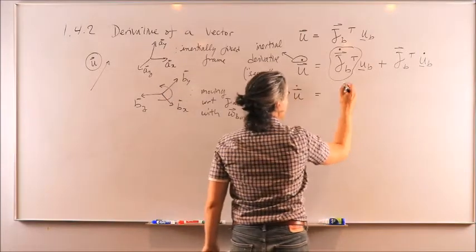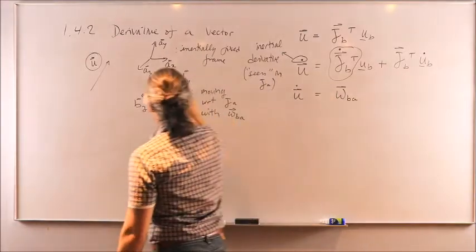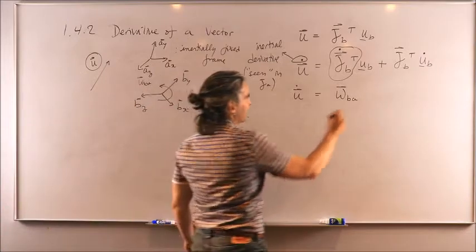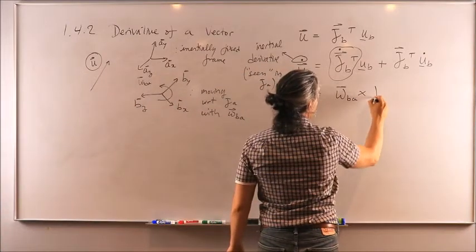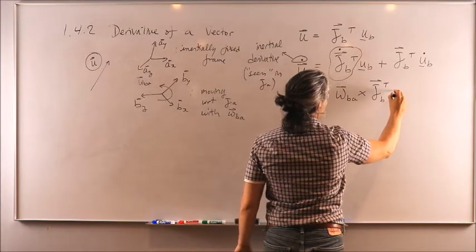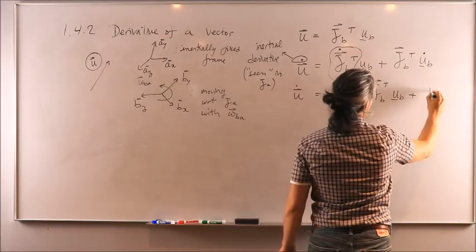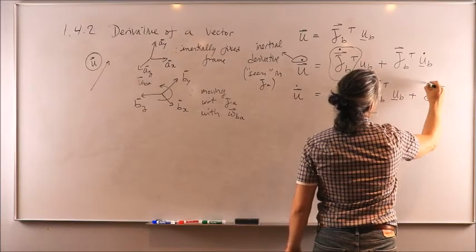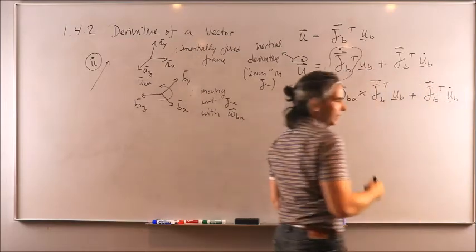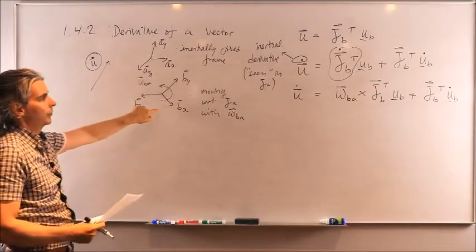So using the previous result, this is omega BA, which is what is creating the motion in this case, cross product, transpose of the vectrix times ub, plus the transpose of the vectrix times the time derivative of the x, y, z components of this vector seen from the moving reference frame.